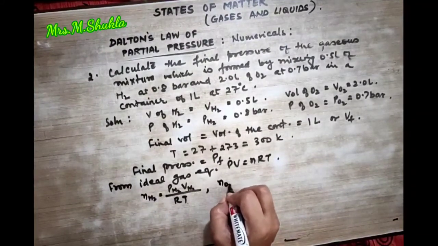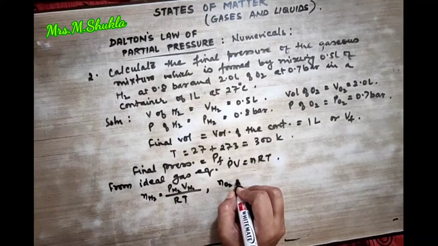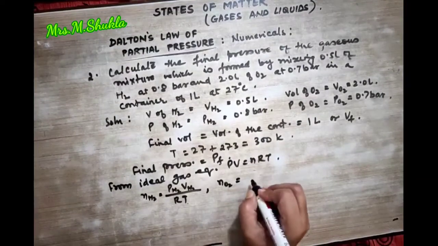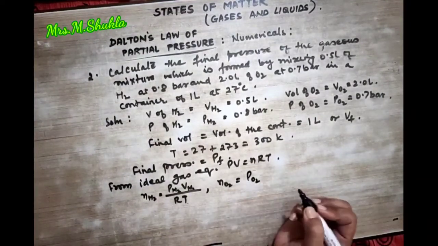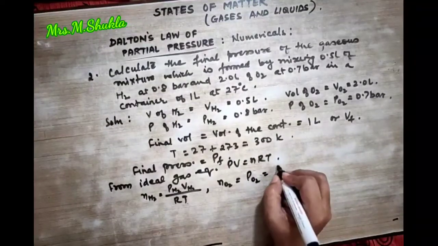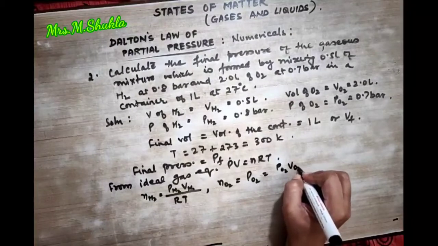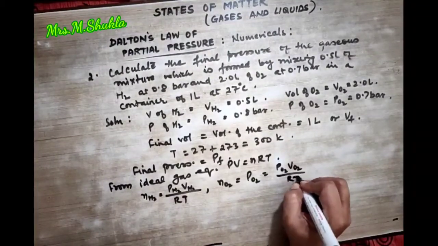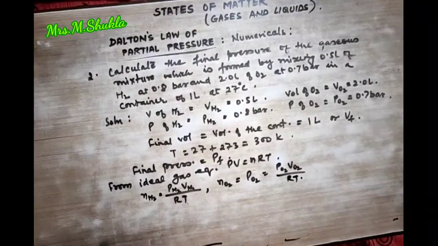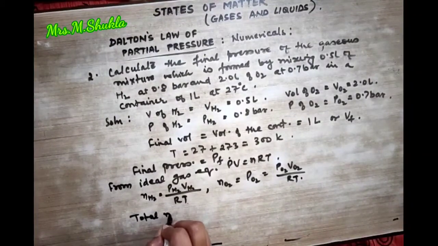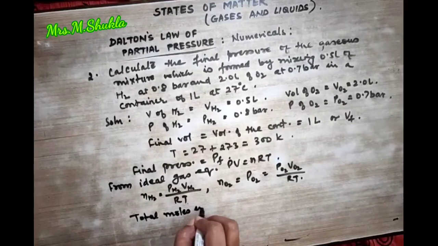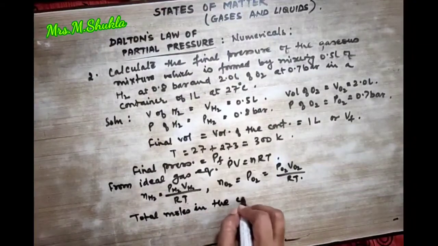Similarly for oxygen, this is equal to the pressure of the oxygen gas, PO2 VO2 upon RT.